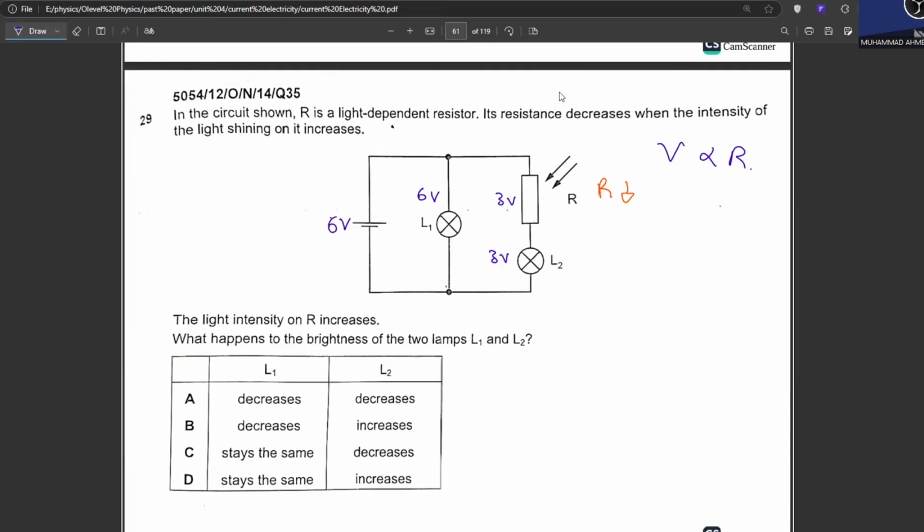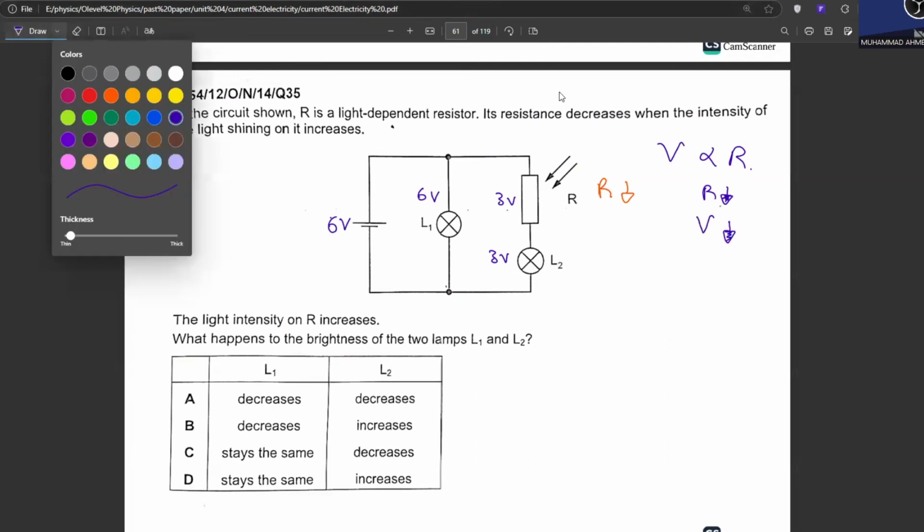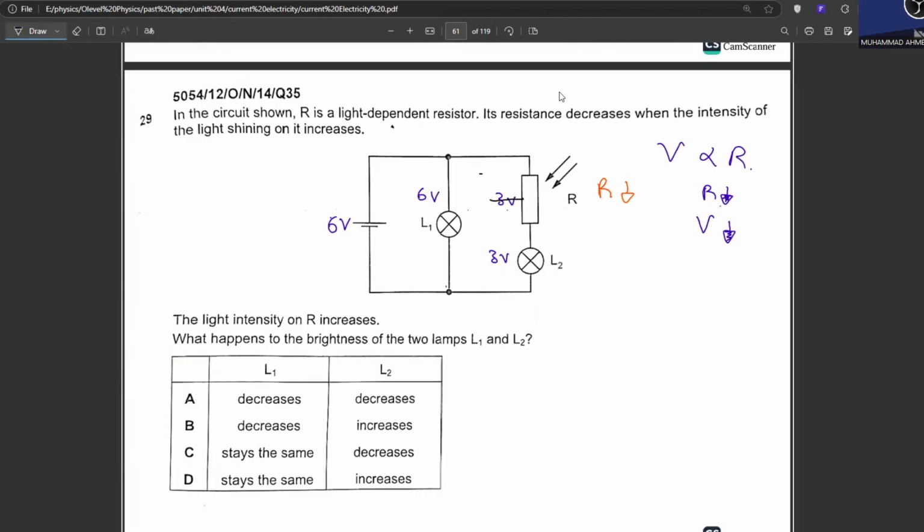As the light intensity increases, the resistance will decrease. As the resistance decreases, the voltage across the LDR will decrease. Now, the voltage across the LDR will, let's say, be 2 volts. The extra voltage will go to what? To the lamp. This will become 4 volts. So, the brightness of L2 will increase. You can cancel out the options for decreases.